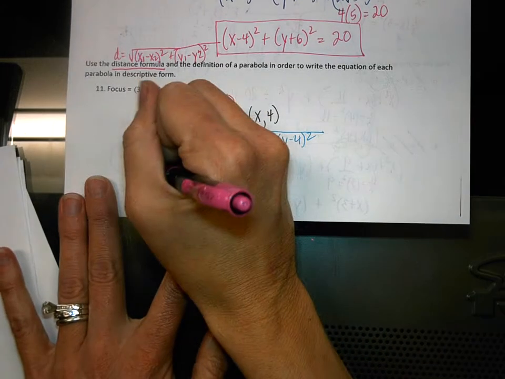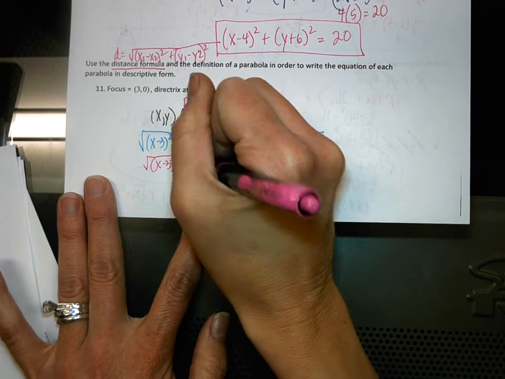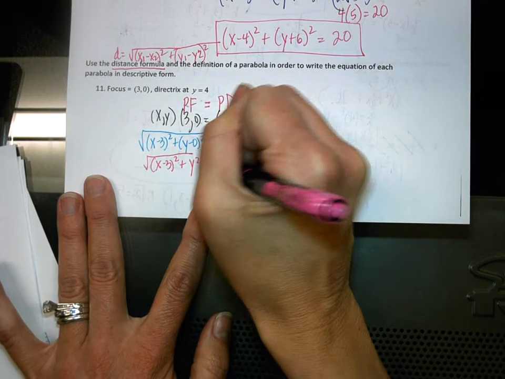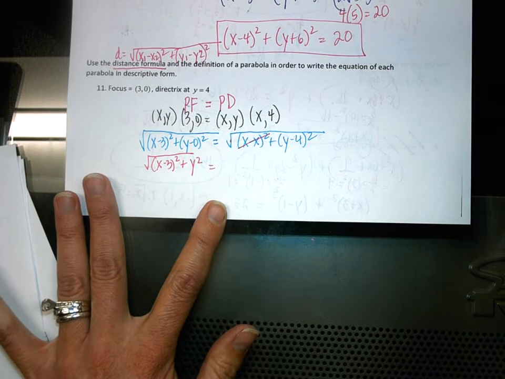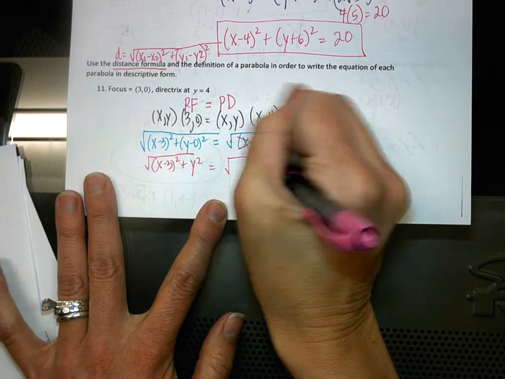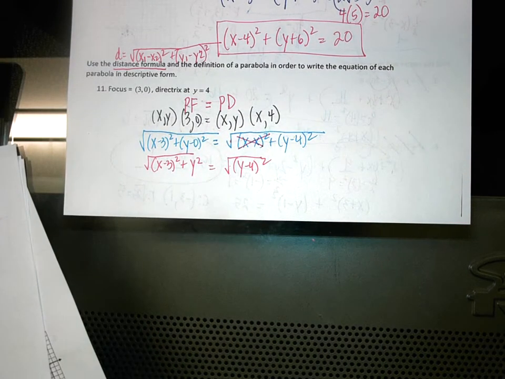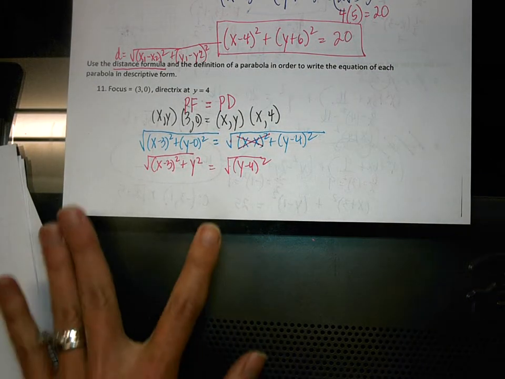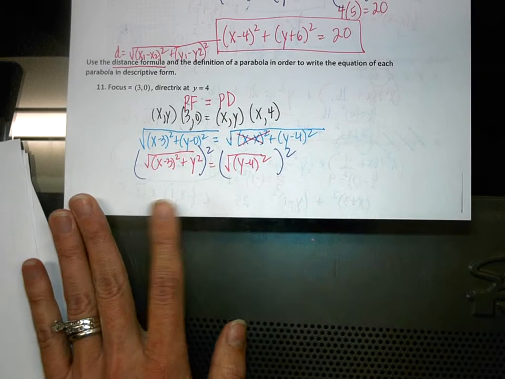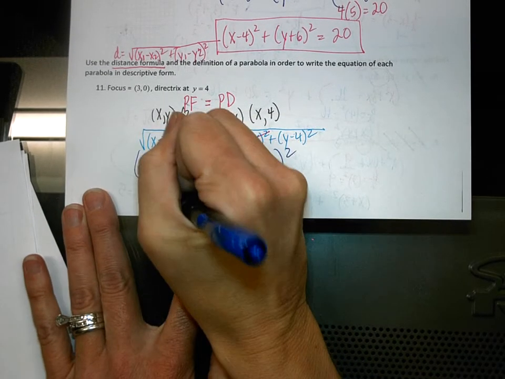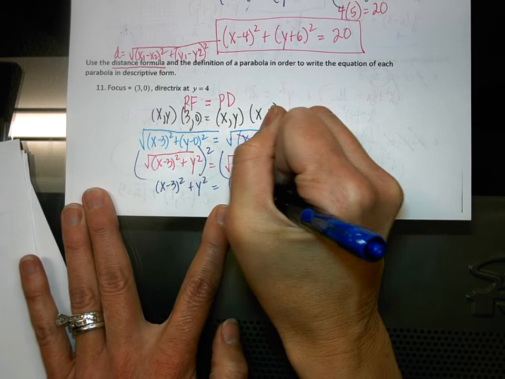We end up with (x minus 3) squared plus y minus 0, which is just y squared, equals, over here x minus x is 0, and so that cancels out, and we just have (y minus 4) squared. Next, we'll eliminate our square roots, and you do that by squaring both sides. So we square both sides. I'm left with (x minus 3) squared plus y squared equals (y minus 4) squared.